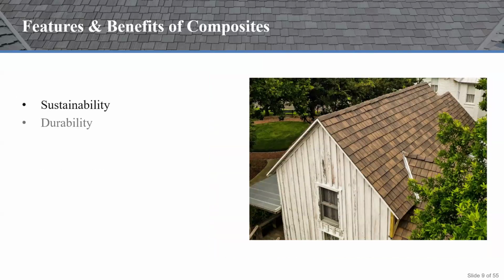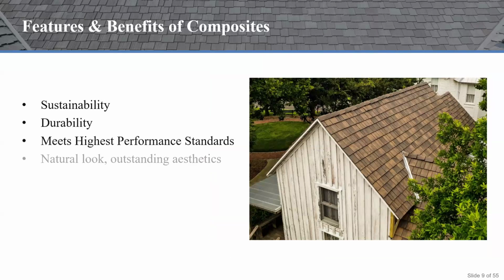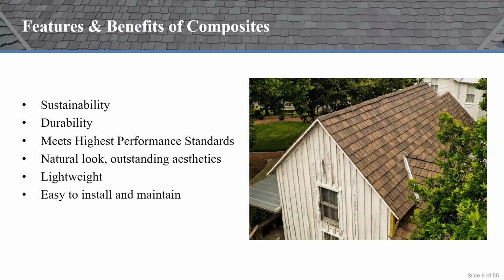Some of the features and benefits of composite. We'll talk about sustainability real quick, durability, performance standards, natural looks. I mean, that's initially typically the first thing that drives property owners, homeowners, and specifiers to composites: they look like the real thing. The aesthetics really draw people to the product. These products are very lightweight and easy to use, very easy for the installer to install, and there's very, very little maintenance involved.